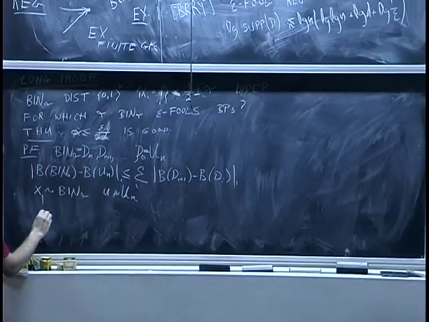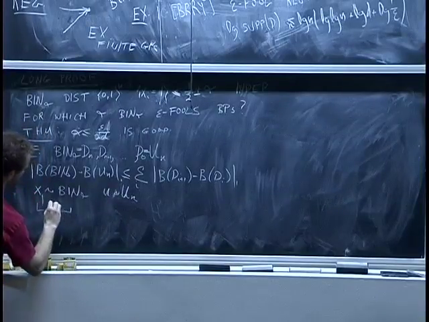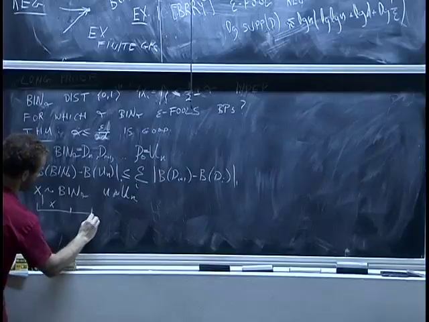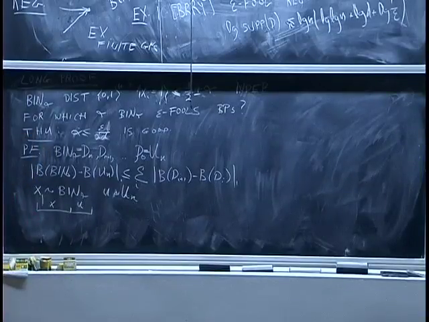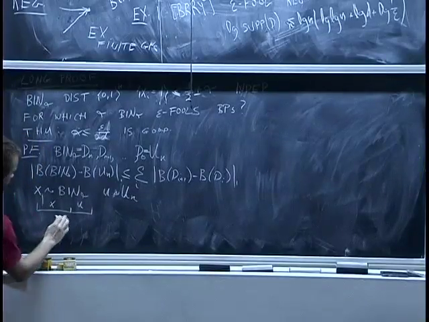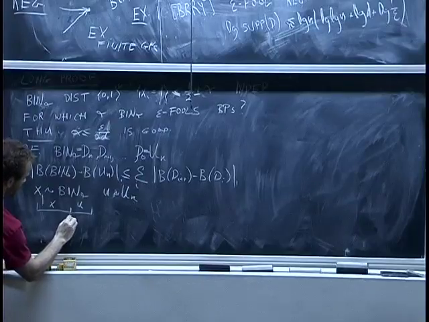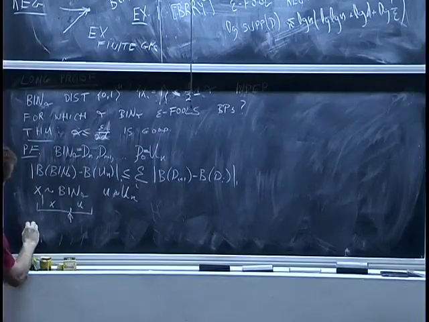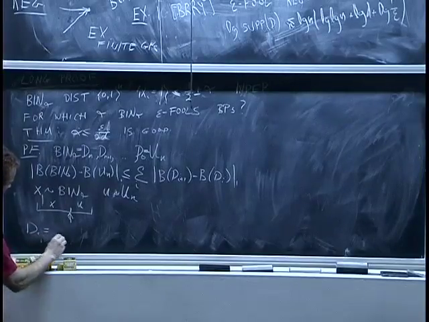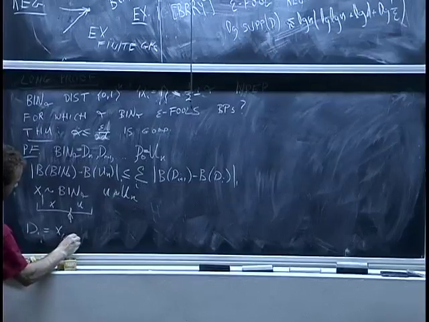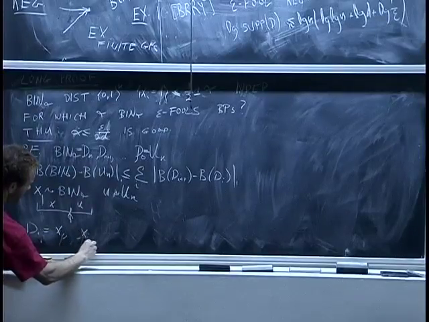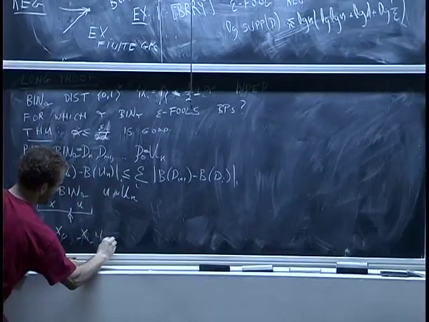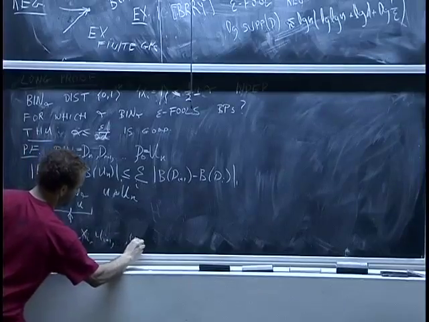And then we'll define one distribution that starts with x and ends with u. The only difference will be at the position where they switch between x and u. So D sub i will be x1 to xi, and then u i plus 1 to un.